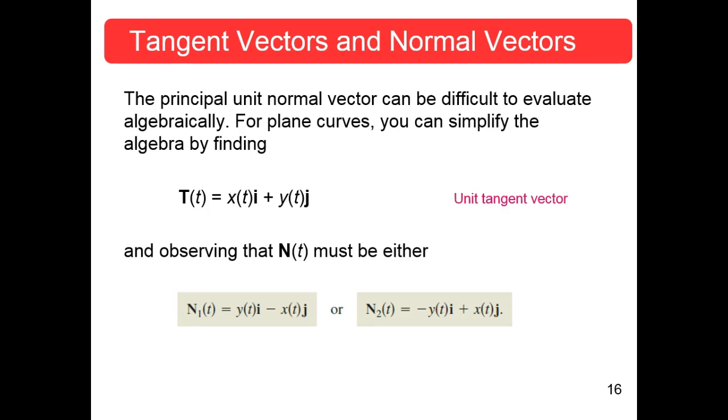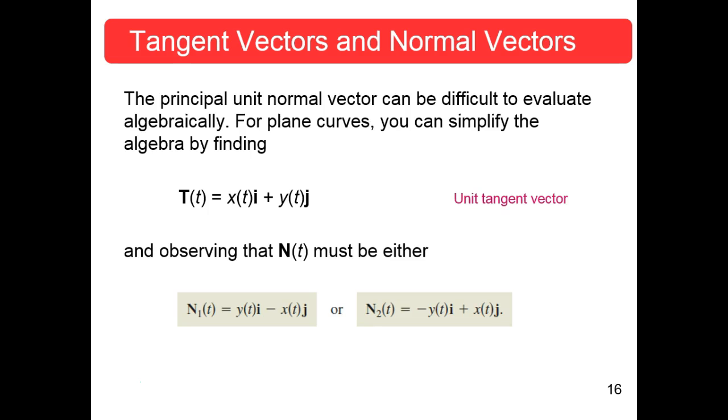So if you have this T of t, which is some x of t i plus y of t j, and you know that that dotted with N of t has to be 0, then either multiply this by y of t and this by minus x of t, which gives you that, or multiply this by minus y of t and that by x of t, and that gives you that. So one of those has got to be true.